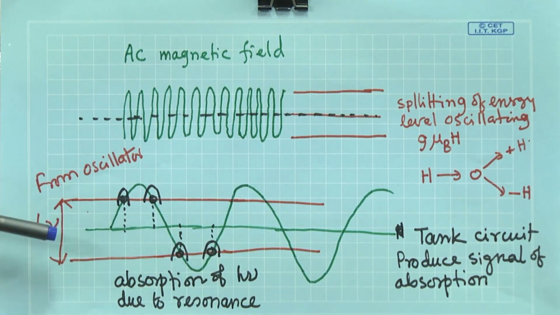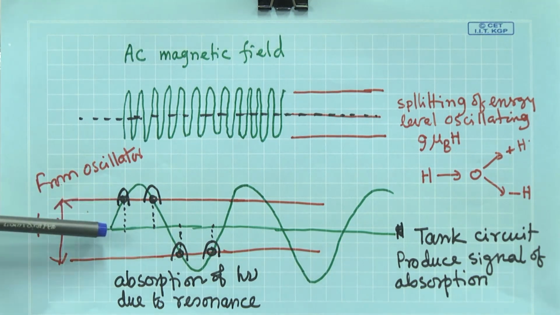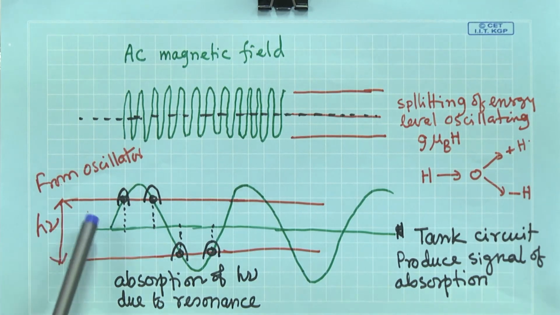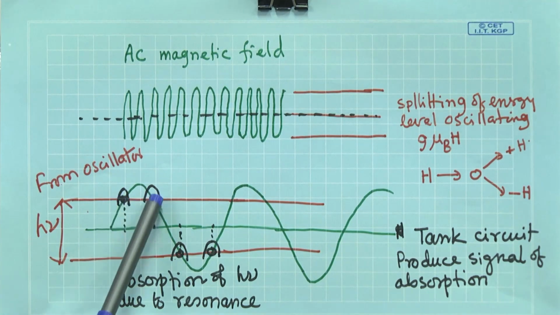This h nu will be equal to the splitting of the energy level at 4 points in one cycle of the magnetic field.